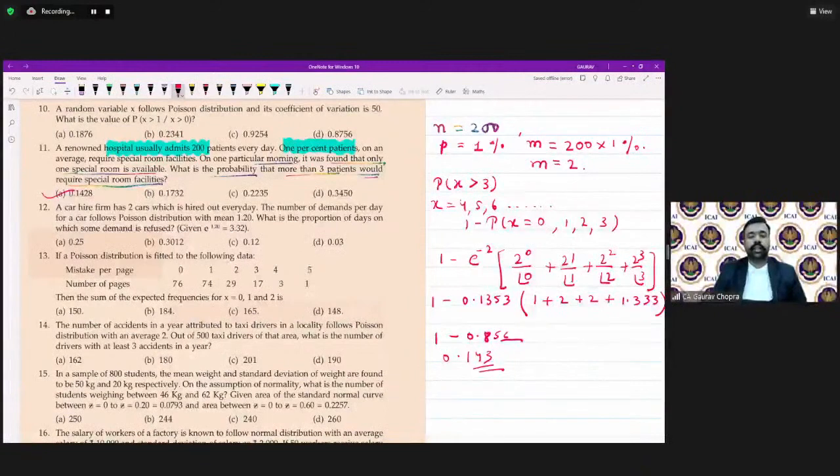Otherwise, on an average, many students reach up to 60 or 65 questions and are unable to attend more than that. But if you follow the calculator tricks, you will be able to solve 100% questions in your examination, right?